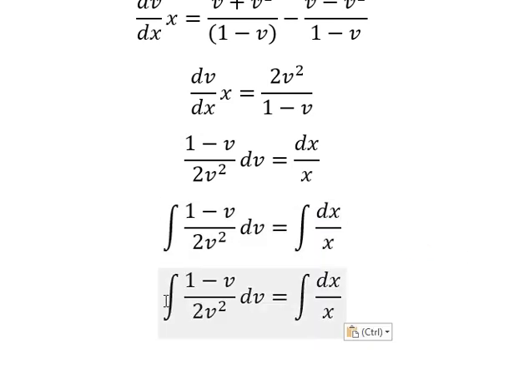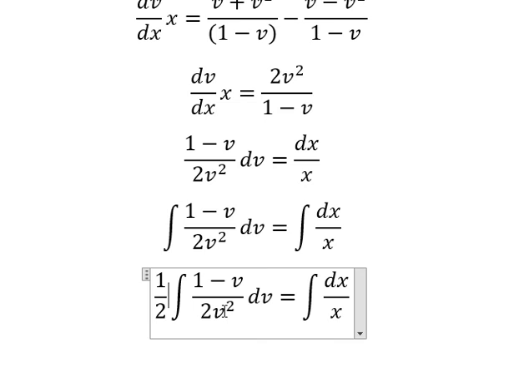So number 2 I will put outside. So this one we can put 1 over v square, and this one divide by this one.